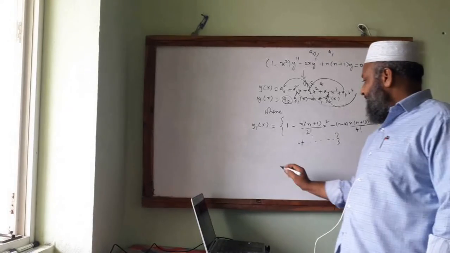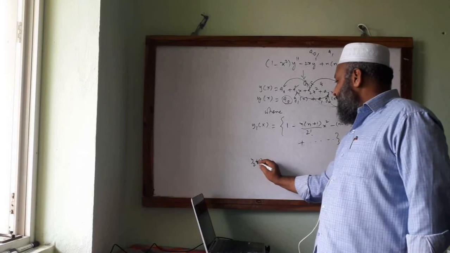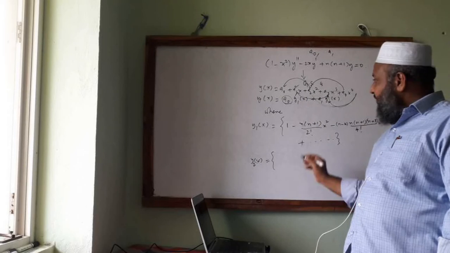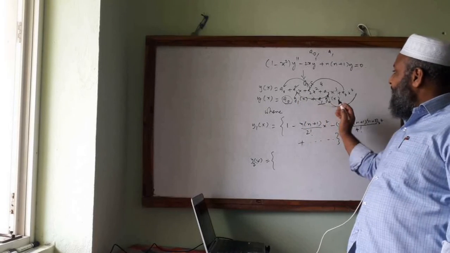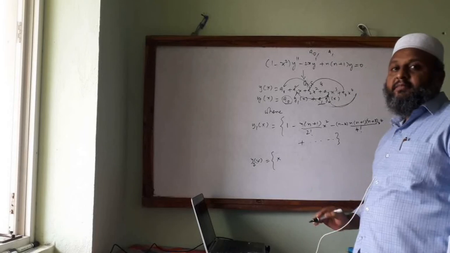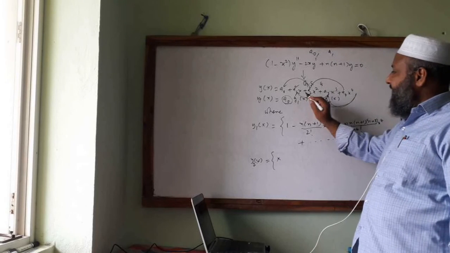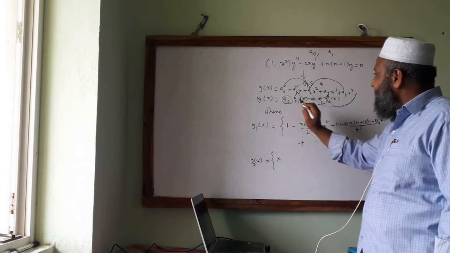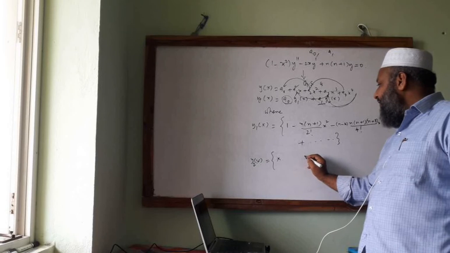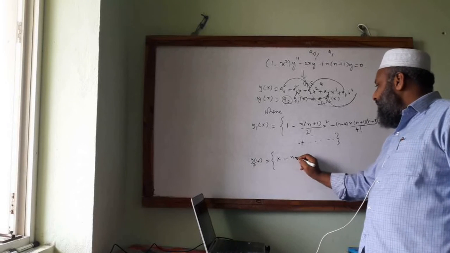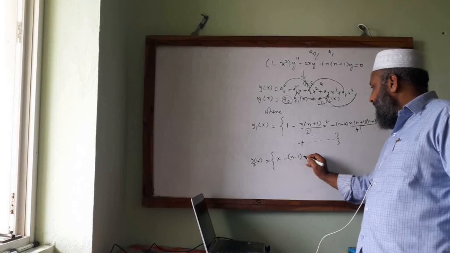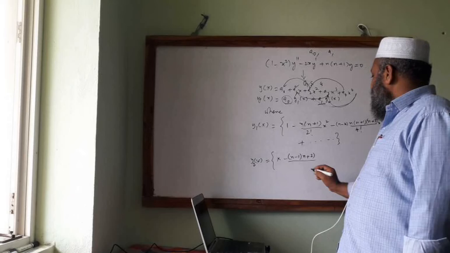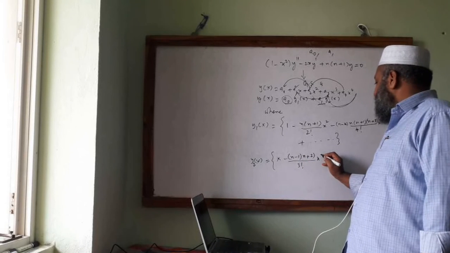by 4 factorial x to the power of 4, and alternate plus minus will appear. This is y1 of x, and y2 of x will be equal to, here a1 x is there, so a1 is taken outside common here, so in y2 of x, x appears. And next a3 depends upon a1, so a3 is some multiple of a1, so that a1 is taken common, and hence in y2 we will be having minus n minus 1 into n plus 2 divided by 3 factorial x cube.